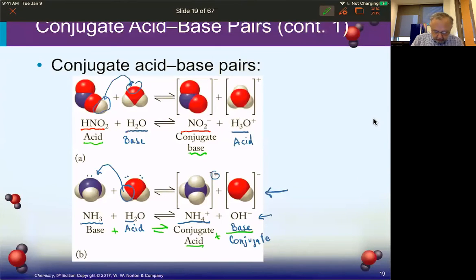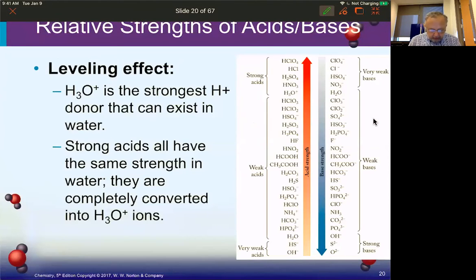So we could erase this one here and say conjugate here. And that is correct. So they're really a conjugate pair. This guy and this guy are conjugates of one another. One is an acid, one is a base.